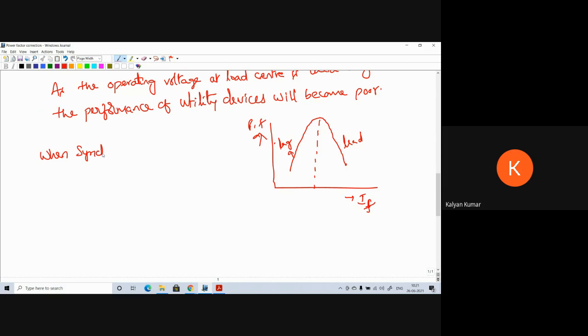synchronous motor is over excited, whenever a synchronous motor is over excited, it can operate at leading power factor.